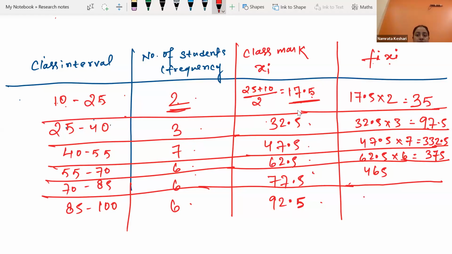The next one is 555. Okay, these are just the multiplications.